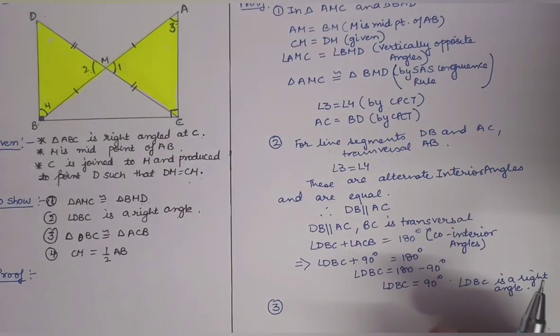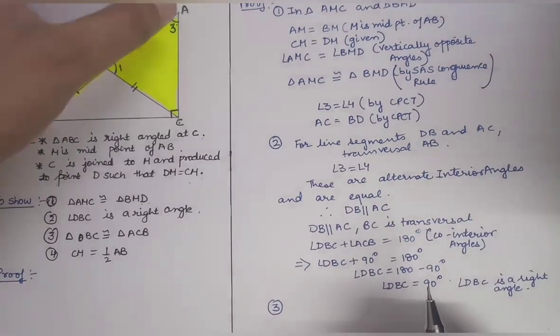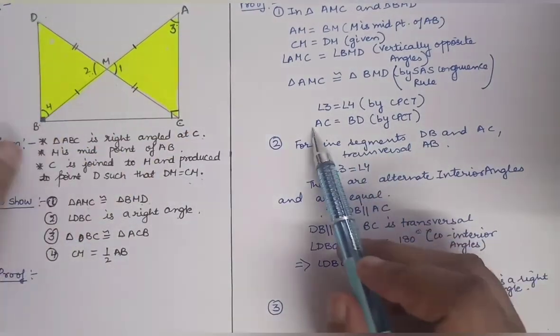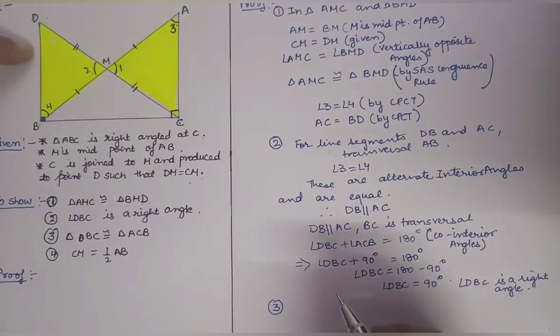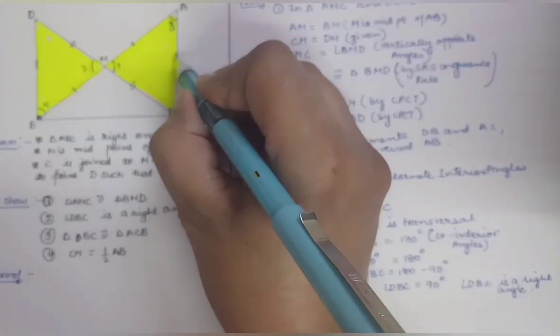For the matching parts, we already have in these two triangles DB is equal to AC from the first part. We have written BD is equal to AC. So this is the first part which is actually equal in these two triangles.